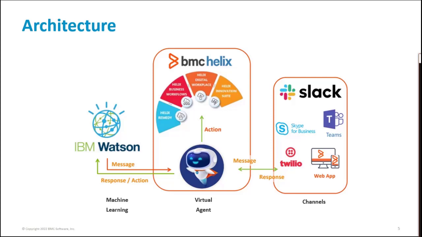Based on the processing of the message, a request is passed from Watson to Helix applications such as digital workplace or business workflows. These Helix applications perform the required action and send the results back to the virtual agent, which forwards it to the channel. Actions can be creating a service request, showing knowledge articles, or responding to questions.